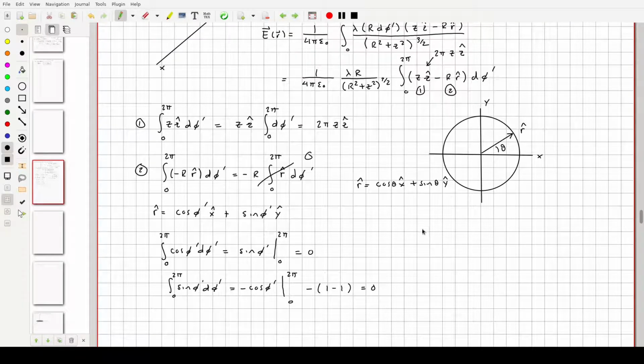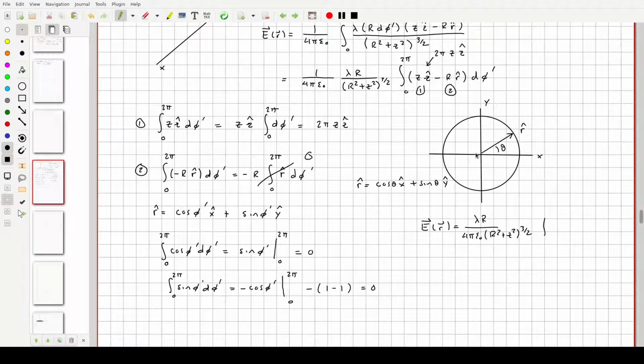So at the end of the day, the electric field, a distance z above our plane, is going to look like this. You have lambda r over 4 pi epsilon naught times r squared plus z squared to the 3 halves power. That's the stuff right here.